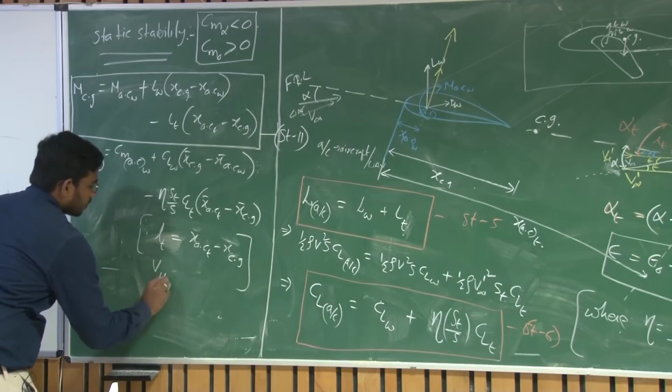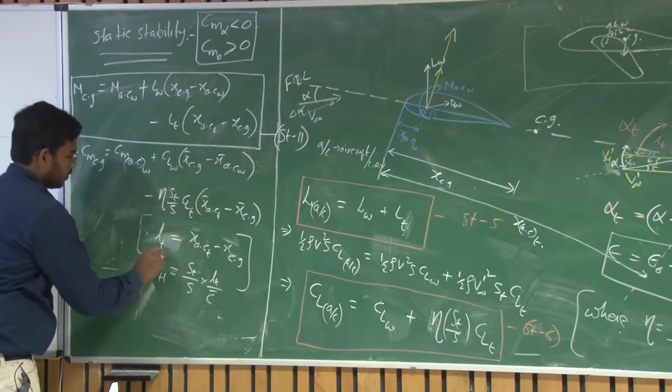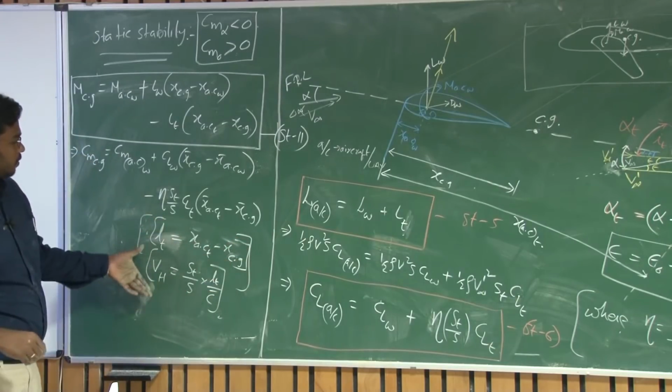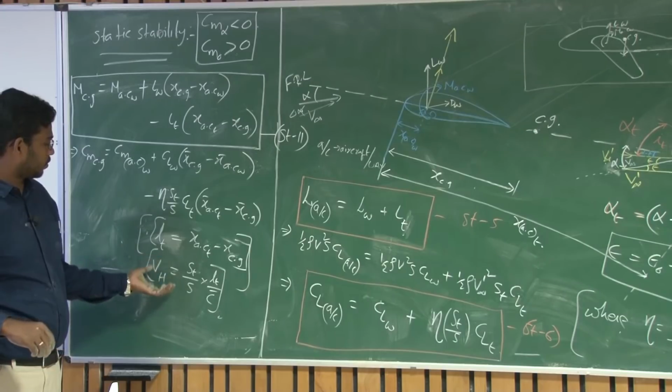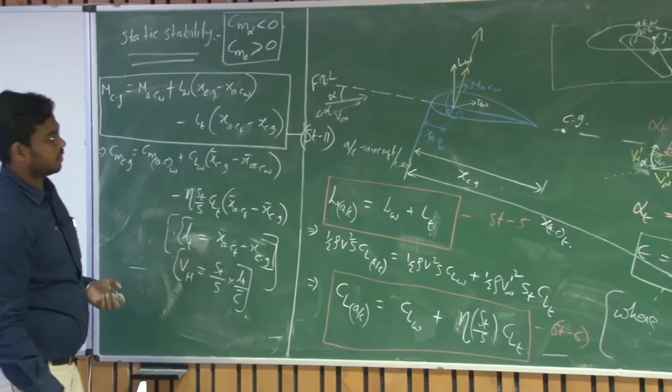The tail volume ratio is now defined as ST by S into L of T by C bar. This is considered as tail volume ratio. Please make a note of it. But I am not going to use this LT or VH here in this case. We will see why we are not going to use it.